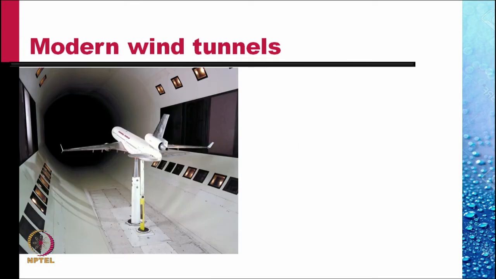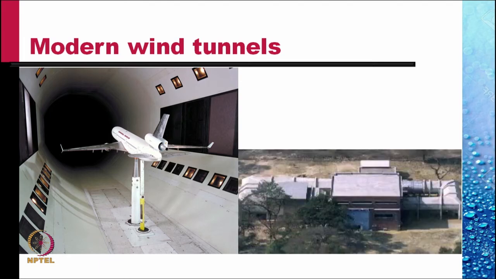There are wind tunnels in the world in which the whole aeroplane can go in. In this wind tunnel, we see a model of an aircraft which has been instrumented to find out the forces that it will experience when flying in atmosphere. The wind tunnels are small and big.